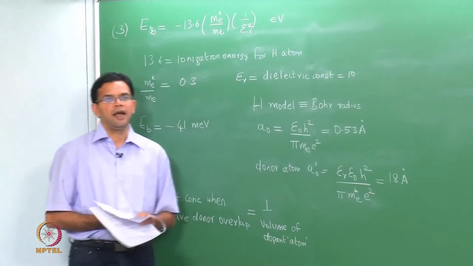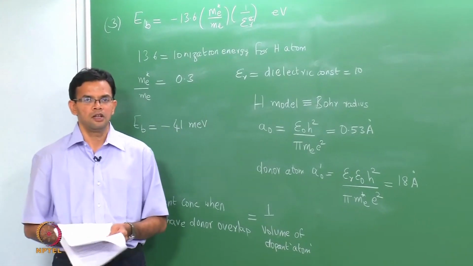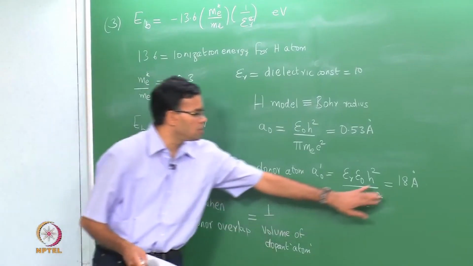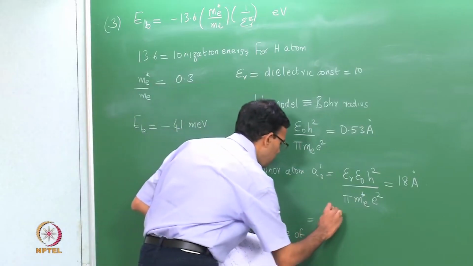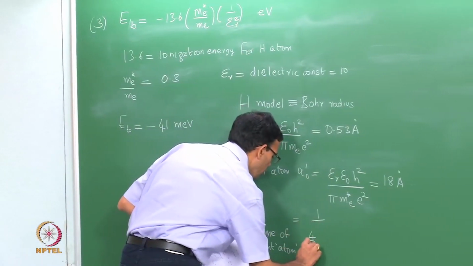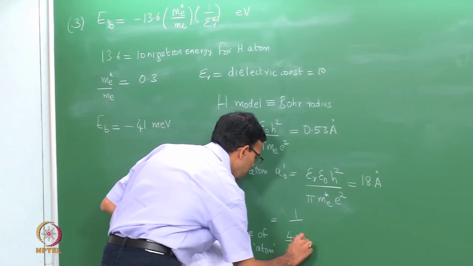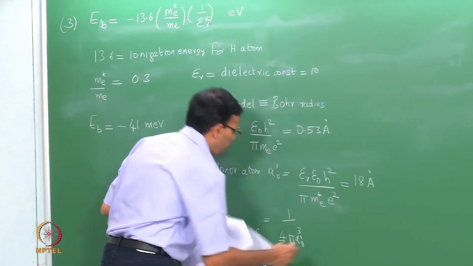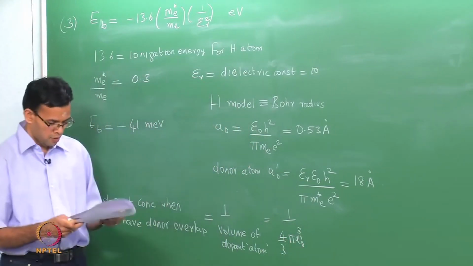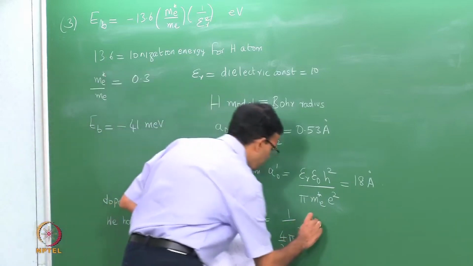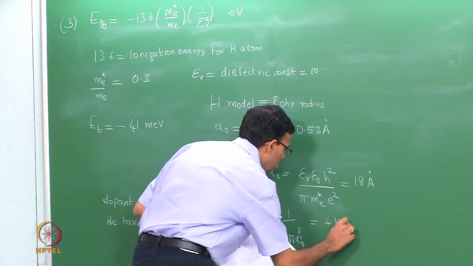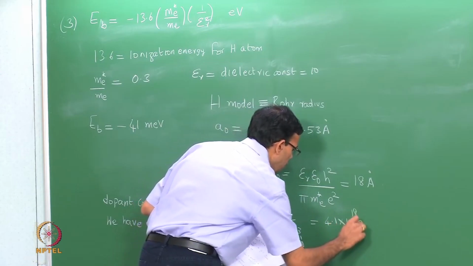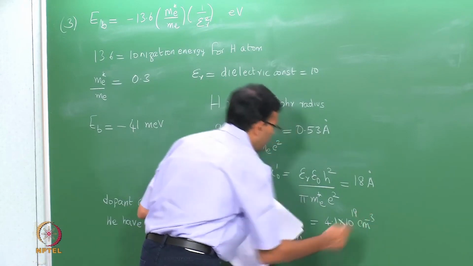I will put the word atom here within parenthesis to actually talk about the sphere of influence of your donor. So, this is nothing but 1 over 4 by 3 pi a naught prime cube. So, this particular value works out to be 4.1 times 10 to the 19 per centimeter cube.